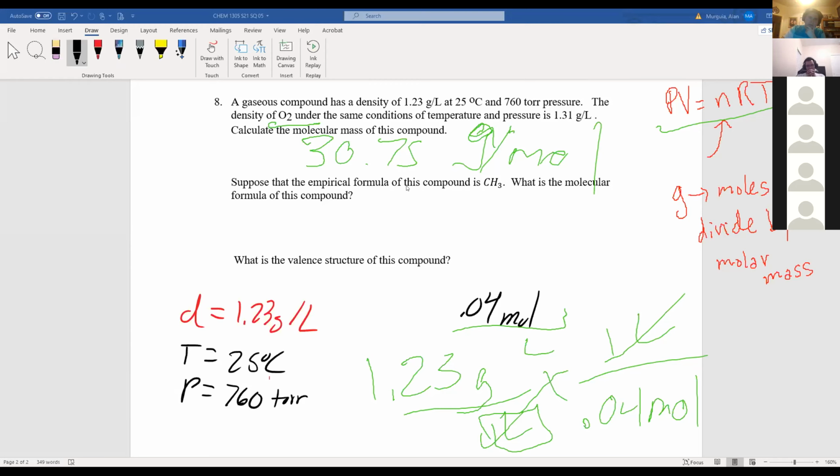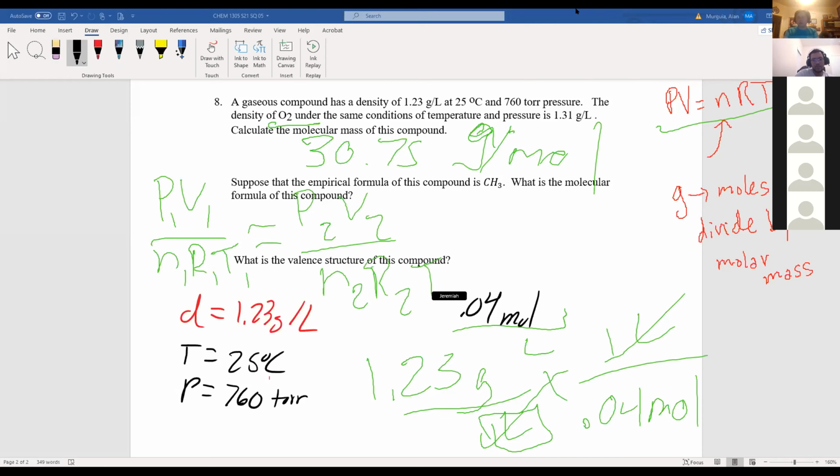So for that, since they have the same temperature and pressure, basically what we have is P1 V1 over N1 R1 T1, which is this gaseous compound, equals P2 V2 over N2 R2 T2. Since the pressures are the same, we can get rid of those.